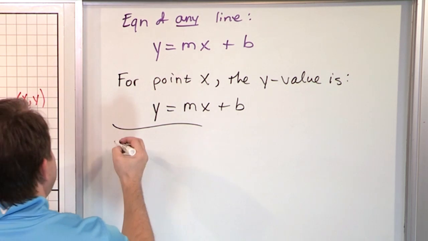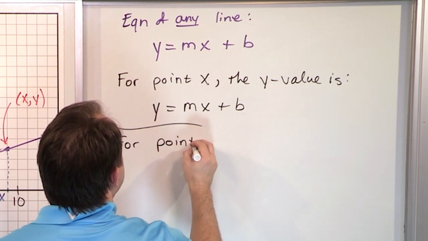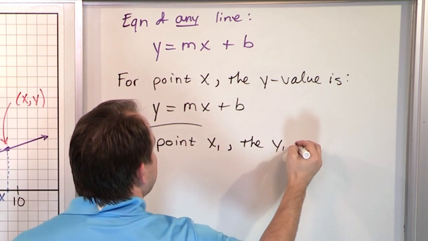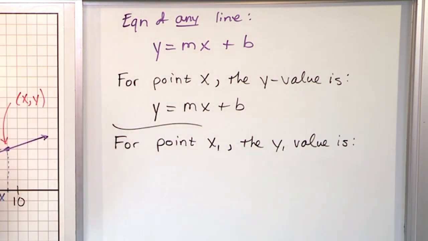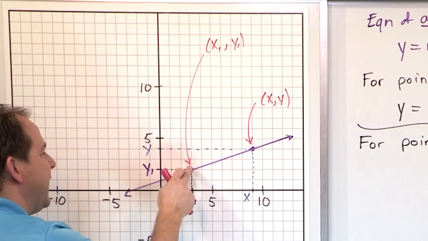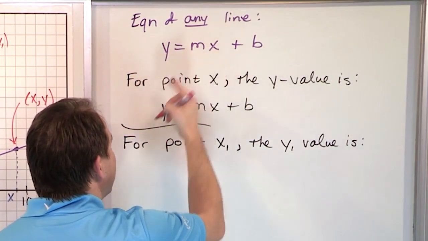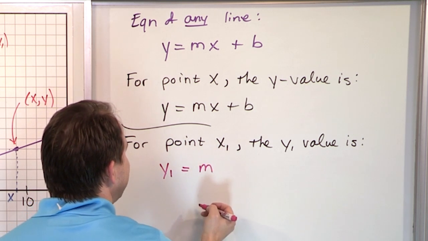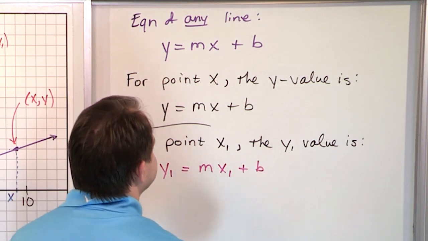All right, so let's say for the other point on that line, for point x1, the y1 value is, what do you think it is? And remember, I take any point I want for x, I run it through the equation, I get the other guy. So because it's on this equation, y1 is going to be equal to the slope m times x1 plus b.